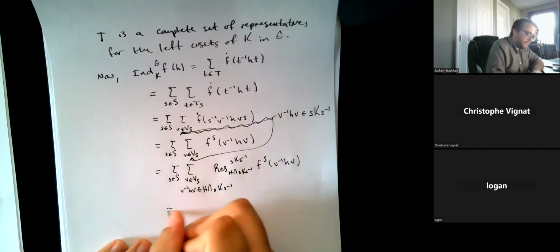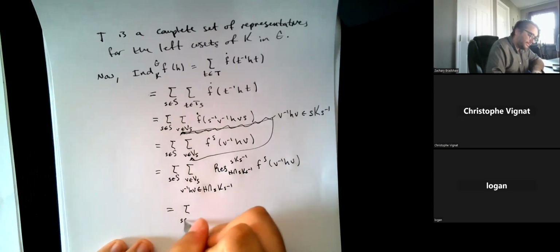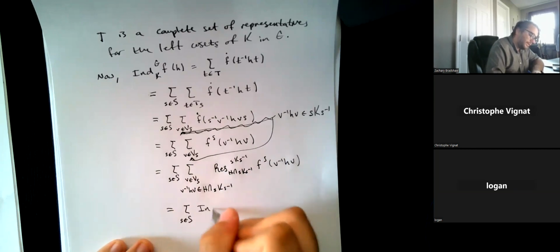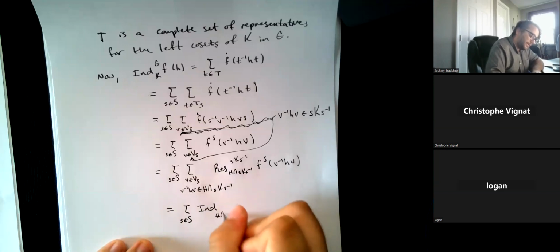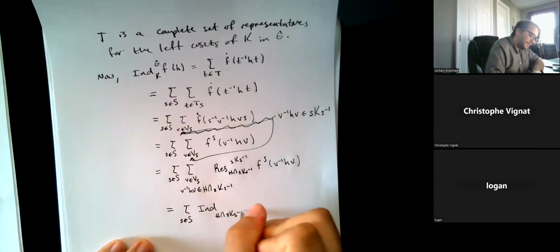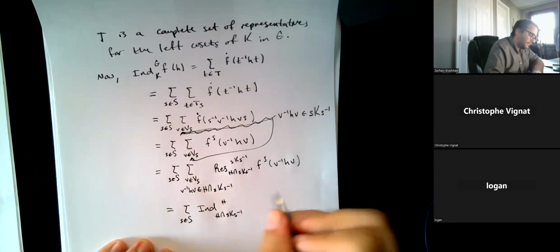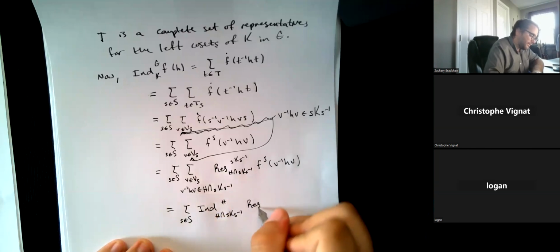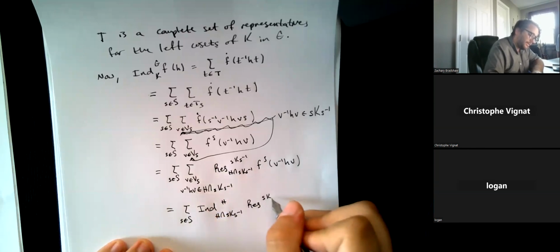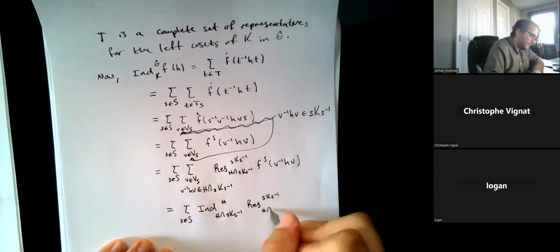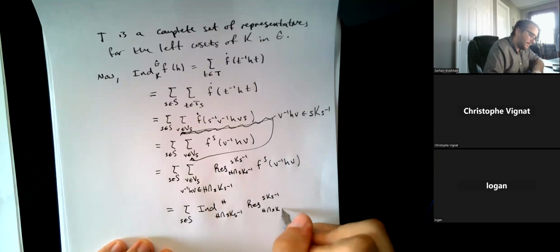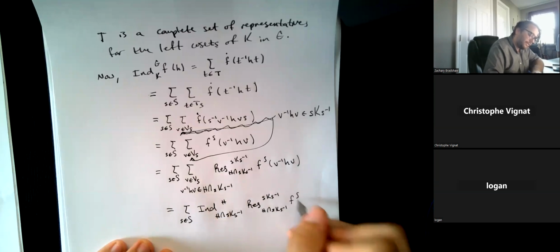And so this is equal to the sum over S in S of the induced map from H intersect S K S inverse to H, of the restriction from S K S inverse to H intersect S K S inverse of F_S.